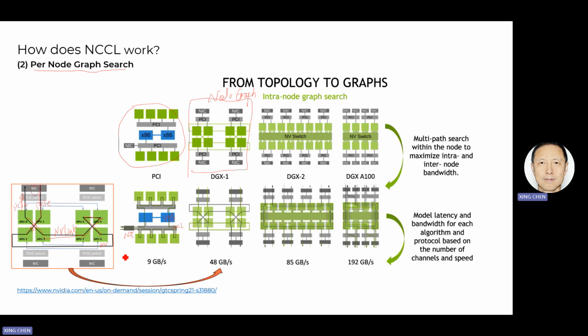Now, the fact is that for NVLink we have quite a lot of bandwidth, and PCIe is much slower than NVLink. Between intranode GPUs, you have enough bandwidth. There's no problem. But if you want to reach GPUs connected to other nodes, you have to go through this low-speed PCIe link, through this PCIe switch and the NIC.